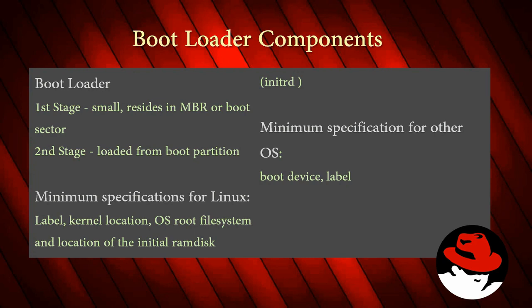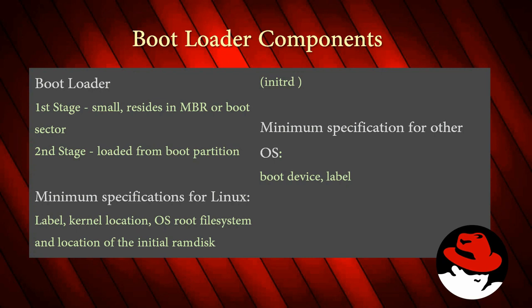Then the minimum specification for Linux is determined. The labels are used, the kernel location where the kernel files are located, and the operating system root file system. Root is loaded first, then the user is asked which user wants to access.